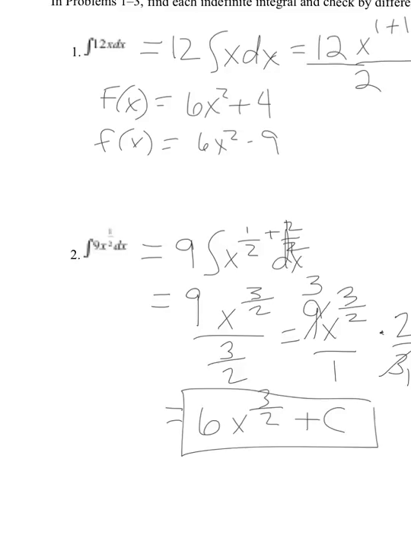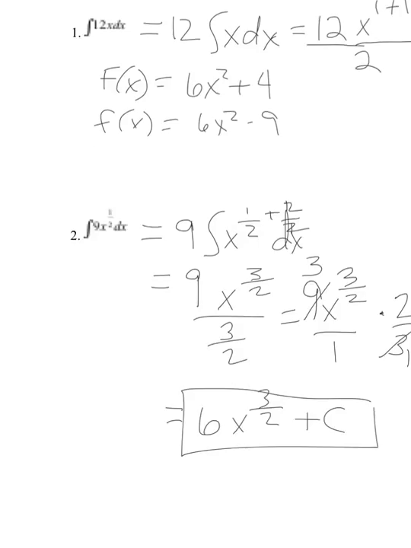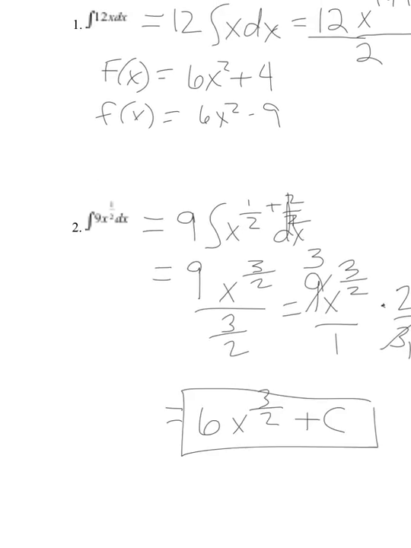Now, how could we be sure we really got this thing integrated correctly? Let's differentiate and see what happens. If we were to take 6x to the 3/2 plus C and we differentiated, it means I would have 3/2, because I pull that down, multiply it times 6x, and my exponent goes from being 3/2 to what? 1/2, because I take away 1, so it's like minus 2 over 2.